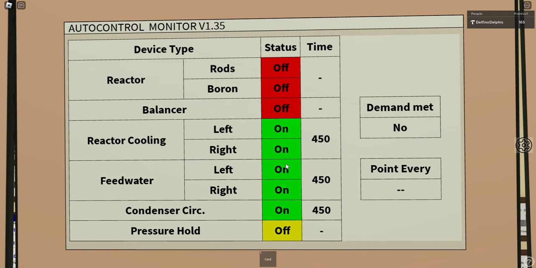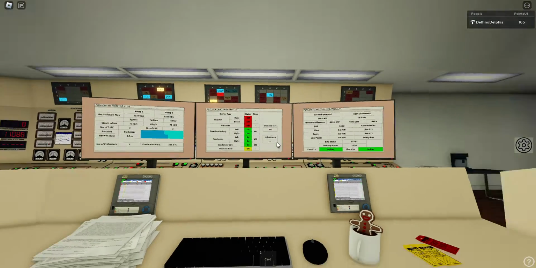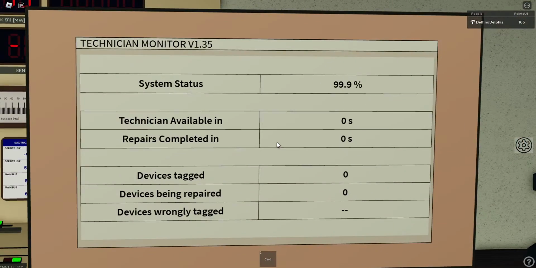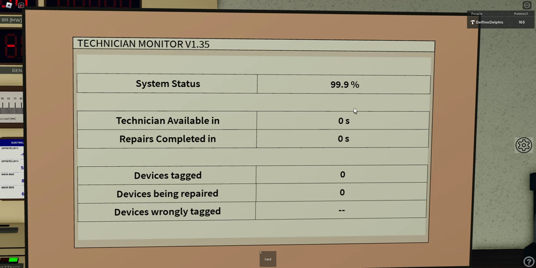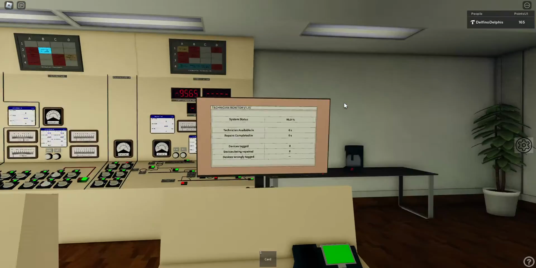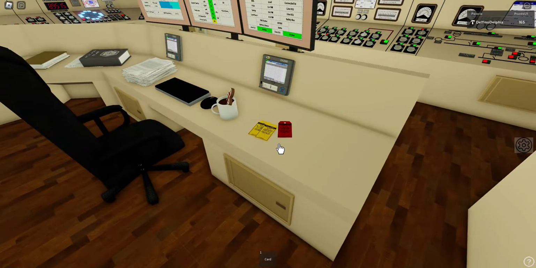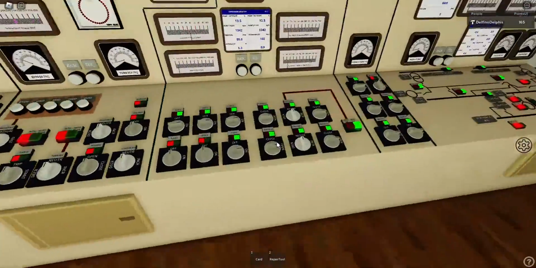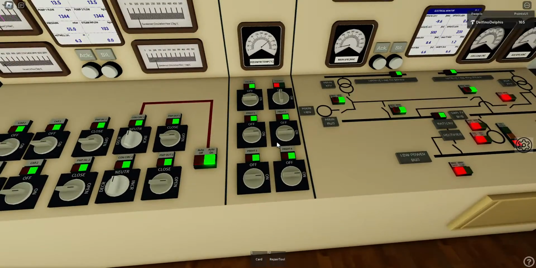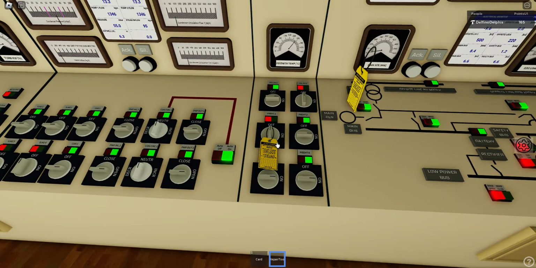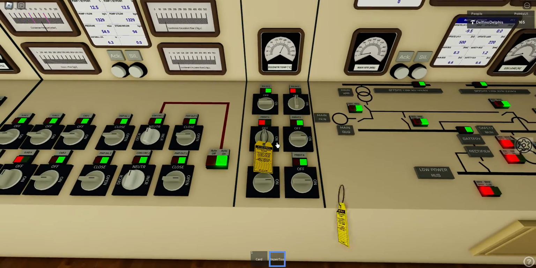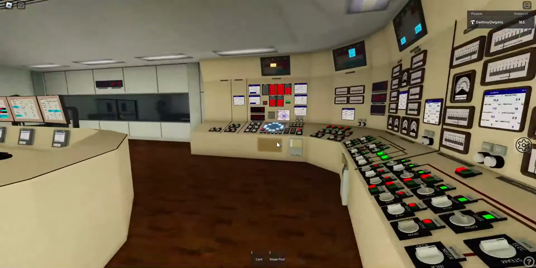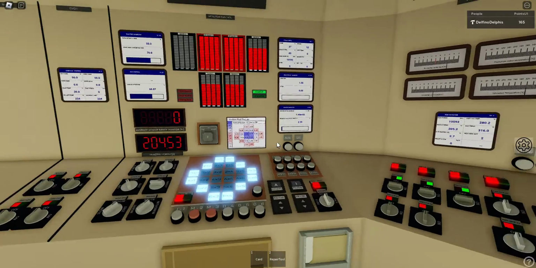It shows you which of the automatic devices are enabled at this moment. And we also have a technician monitor, which gives you the current status of the system. So you see something is malfunctioning, we don't know yet what. So the procedure is the same as in RPWR. If you want to tag something, you need to disable it, and then you can put the tag, and then you can repair it.